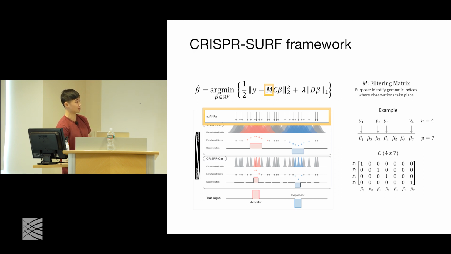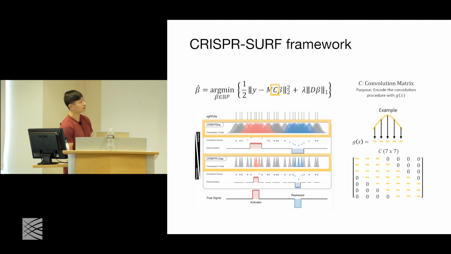The matrix just tells you, for your given betas that you want to estimate, where your observations are located. The convolution matrix is, graphically, very simple. If you have some sort of window or a perturbation profile that you've set, you can encode that in this kind of pattern.